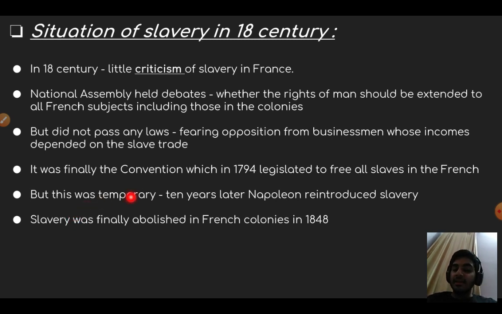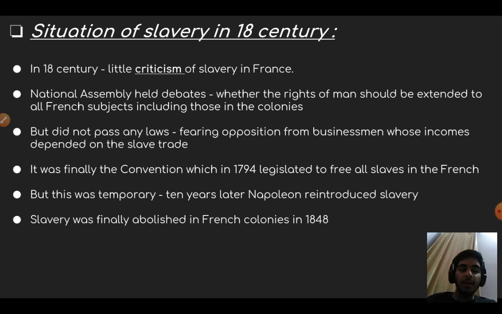But it was finally the Convention which in 1794 legislated to free all slaves in the French colonies. This was temporary. Ten years later, when Napoleon came to power, he reintroduced slavery.